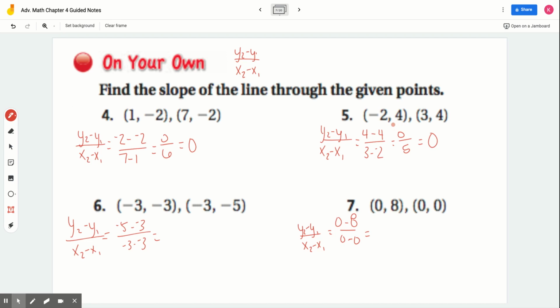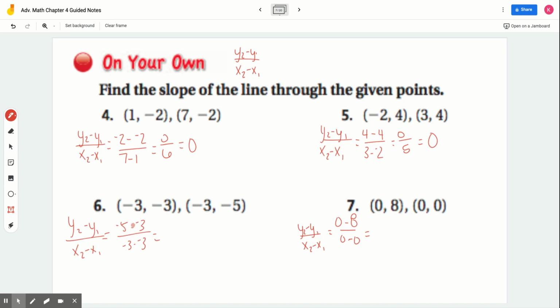Now, that doesn't mean that when you use this method with 2 given points that your answer is always going to be 0. We can, as we saw in the first 3 problems, use this method with other problems as well. So now for number 6 and 7. -5 minus -3.